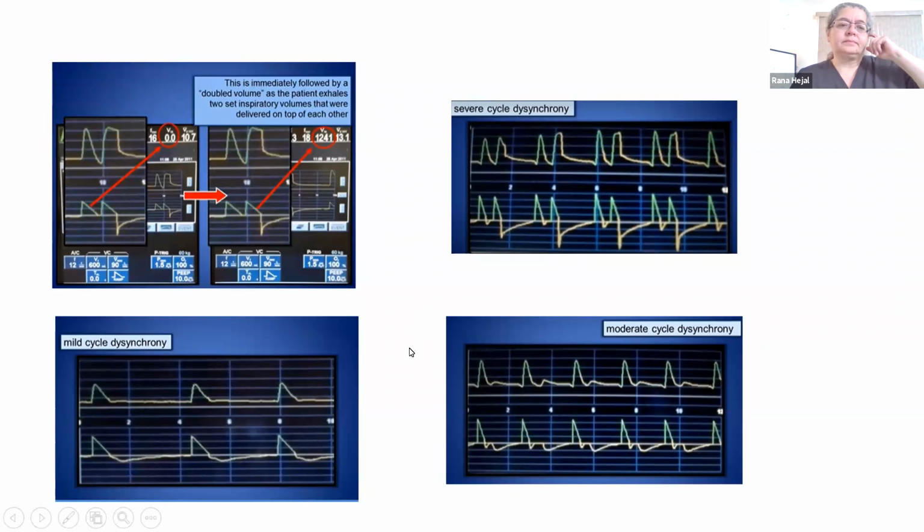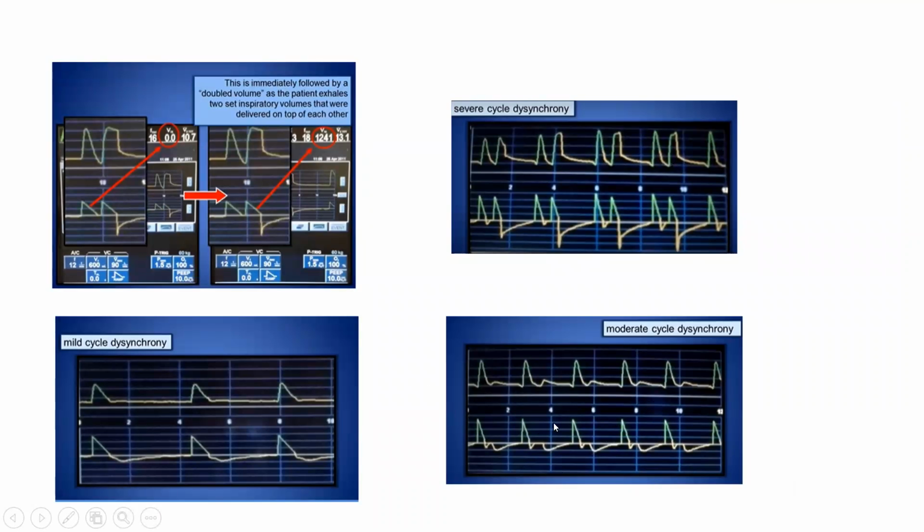Now, this is the severe form of it. Anybody will look at it and say, "Oh, this is happening, we have to do something about the inspiratory time." But sometimes you see it in a moderate way, like in the graph on the bottom part of the screen. Do you guys see the mouse?